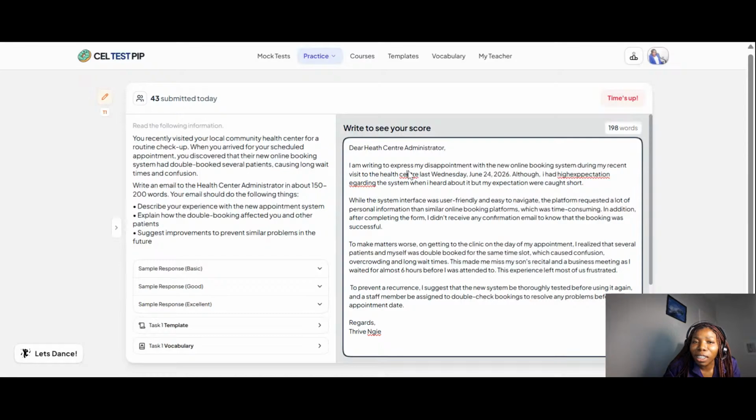Let me see why it did this. Okay, let's leave it as center. All this one, high expectation, although I had, okay, I have not even read through my first paragraph. I only started reading from here, so let me read here. I'm writing to express disappointment with the new online booking system during my recent visit to the health center last Wednesday, June 23rd, 2026.